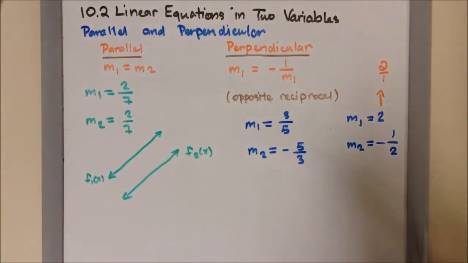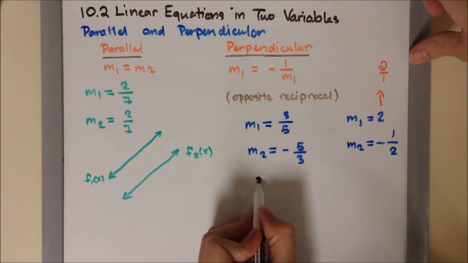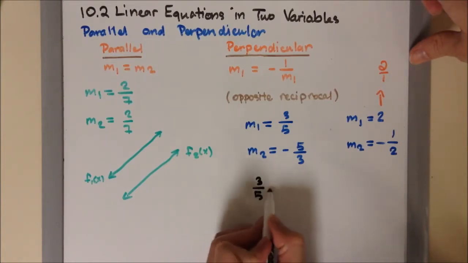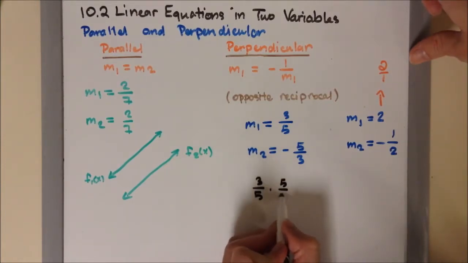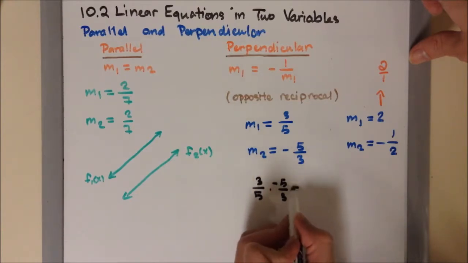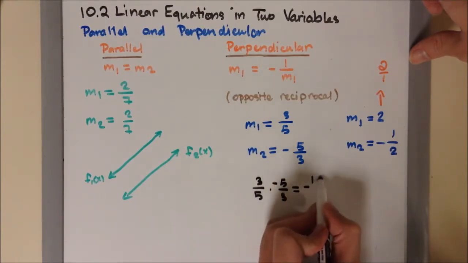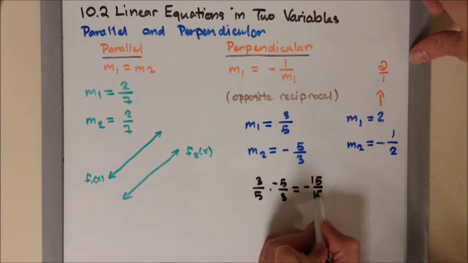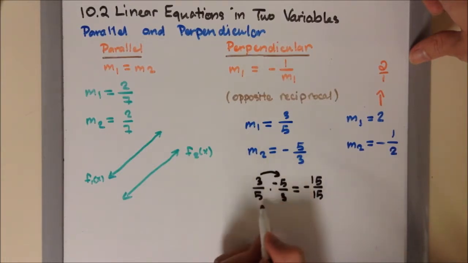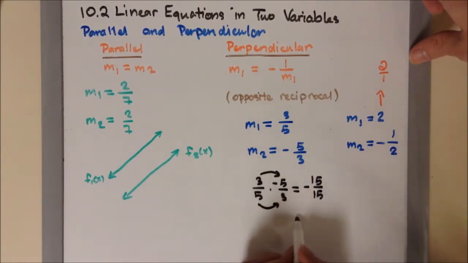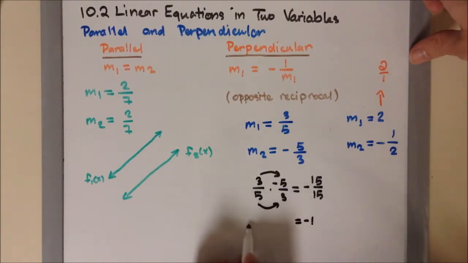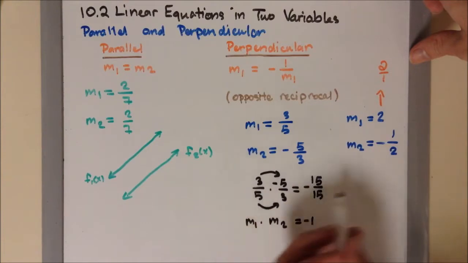For example, 3 over 5 times 5 over 3, with the negative, you get negative 15 over 15, because numerator times numerator, denominator times denominator, which equals negative 1. So if m sub 1 times m sub 2 equals negative 1, then they are perpendicular.